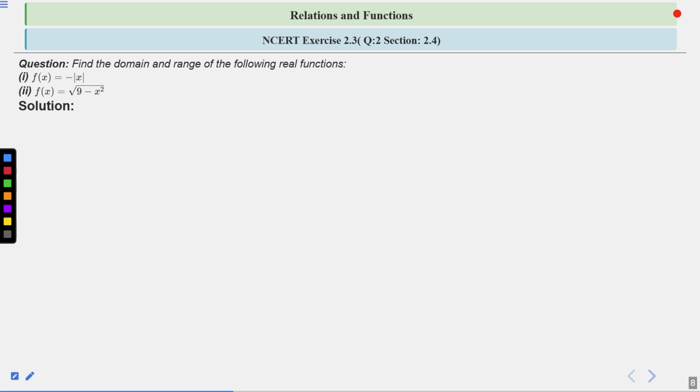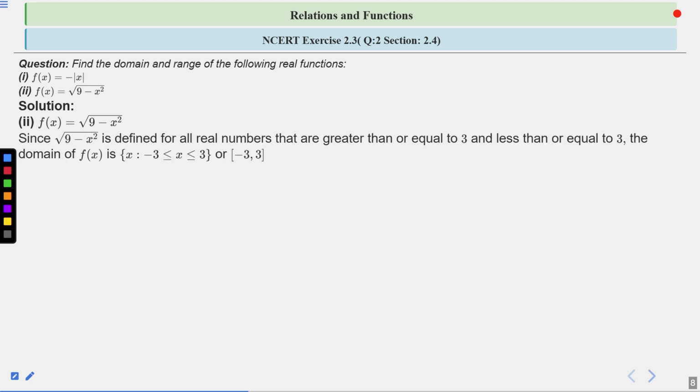Now for the second part. f(x) is equal to root of 9 minus x square. Since root of 9 minus x square is defined for all real numbers that are greater than or equal to minus 3 and less than or equal to 3. Clear?